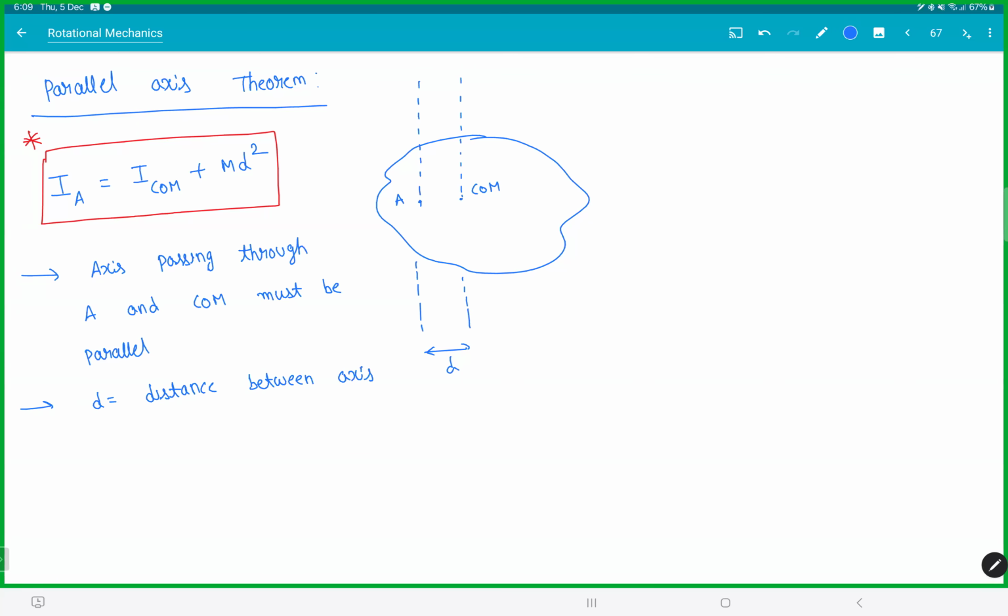Now, let me ask you something. Listen to this statement. Let's say in the class, the height of the student is given by the height of the teacher plus the distance between the student and the teacher. Who is the shortest person in the class?